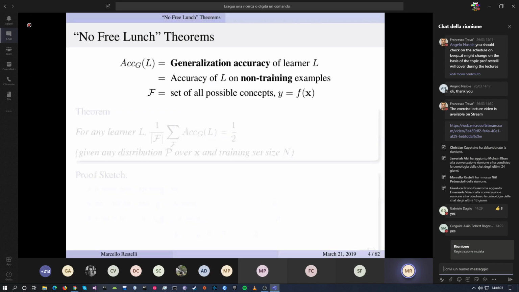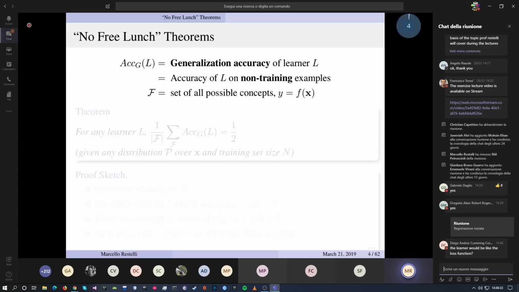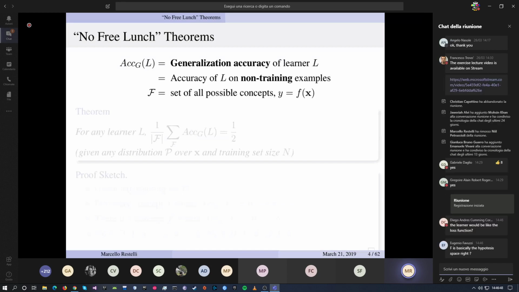Perfect. Now let's see what the theorem says. There is a question: would the learner be like the loss function? No, the learner is an algorithm that you use, whatever algorithm you want, an algorithm that learns a model. So you can see the learner as a model, learned over the training set. For instance, suppose that we are doing logistic regression. Actually, the learner is the parameters that you learn for your logistic regression model.